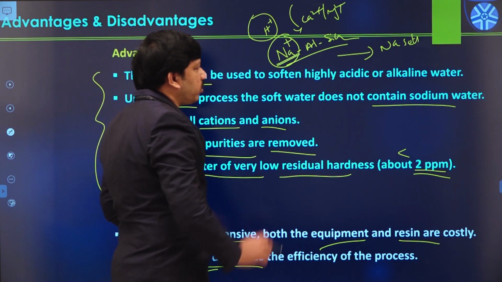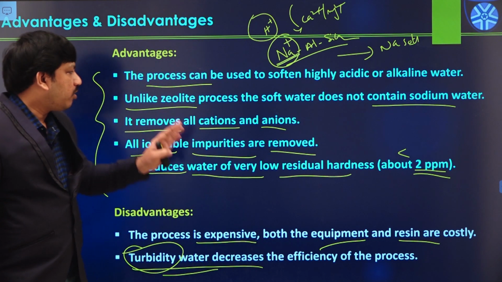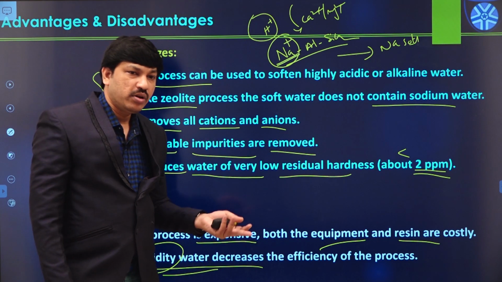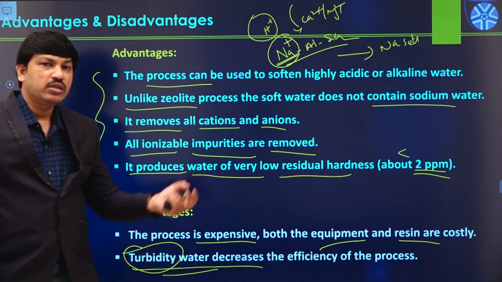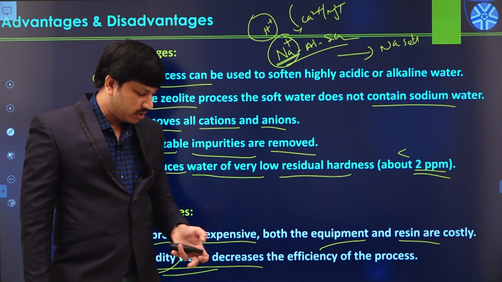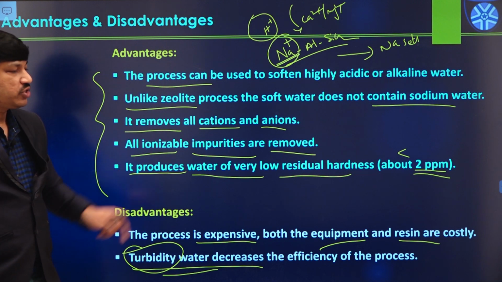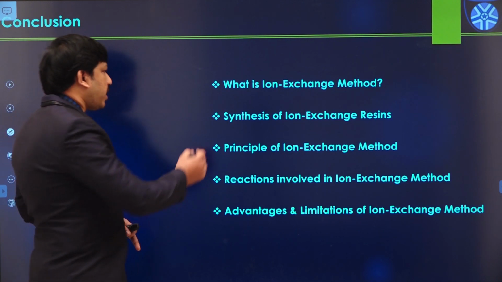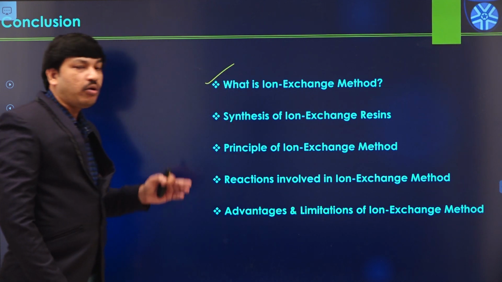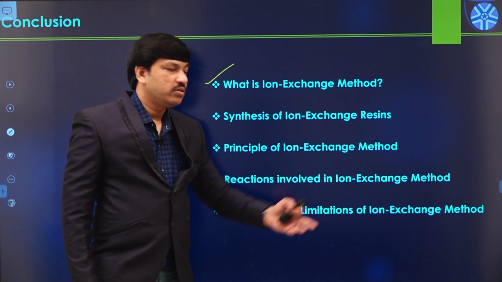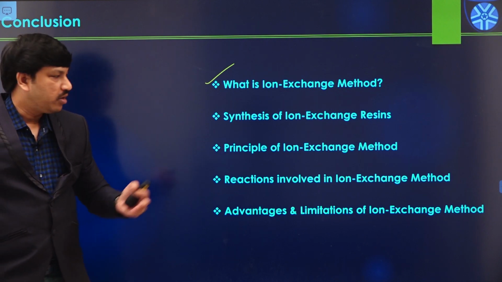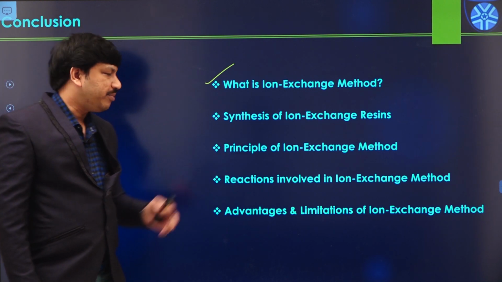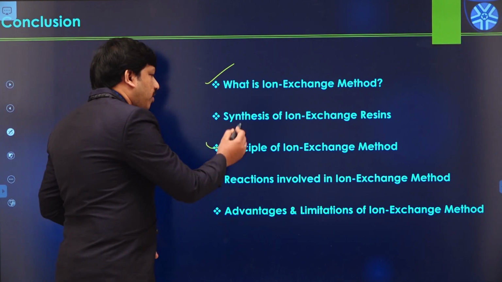So this is all about the ion exchange method, how this method purifies the water sample by removing all types of cations and all types of anions. This is all about our first unit. In this session, I discussed what the ion exchange method is and how to synthesize some of the ion exchange resins by the sulfonation method and by reacting with formaldehyde and trialkylamines, and what the principle of the ion exchange method is.